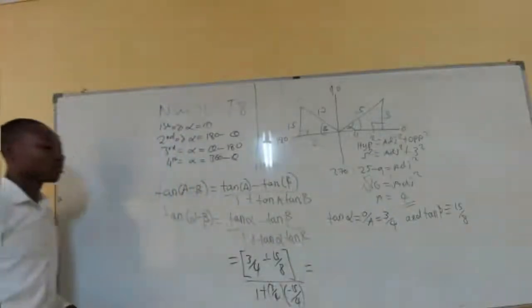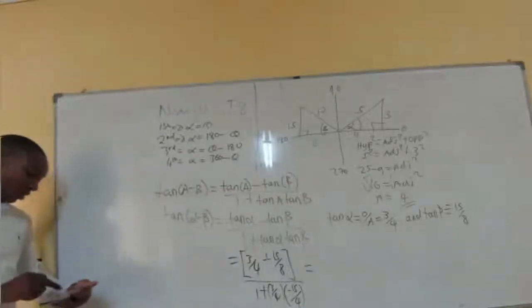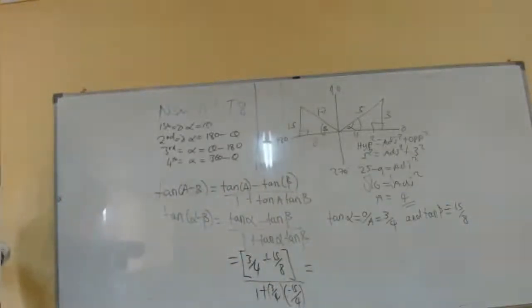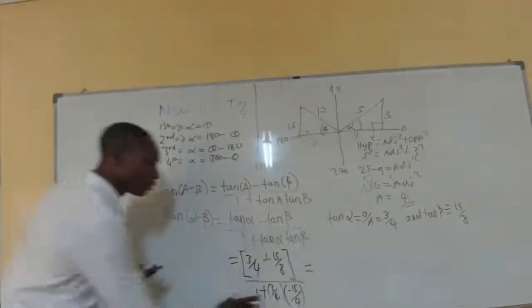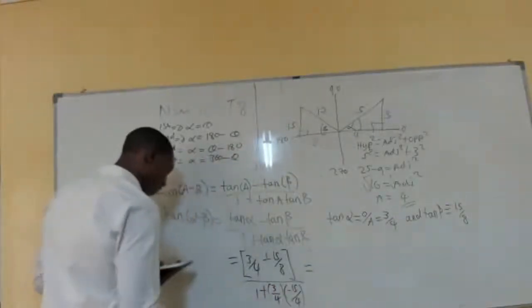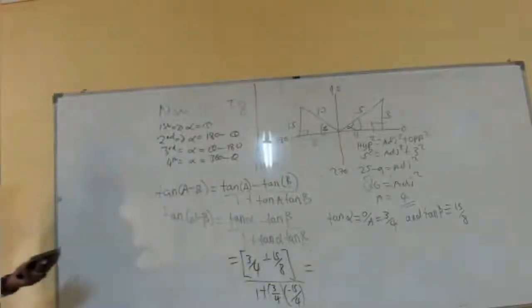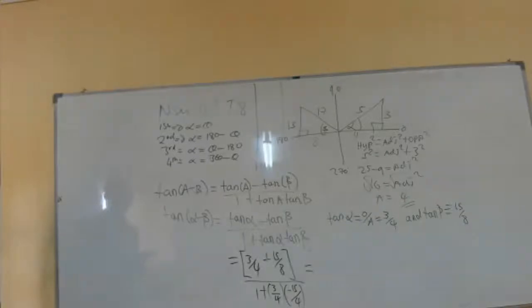Okay, so basically speaking, this is how your answer will look. So 3 over 4, so let's make this look like a 3. Then we have negative 15 over 4, right?